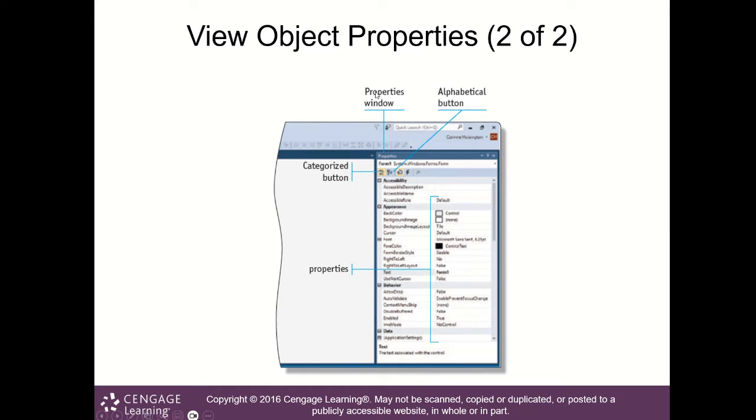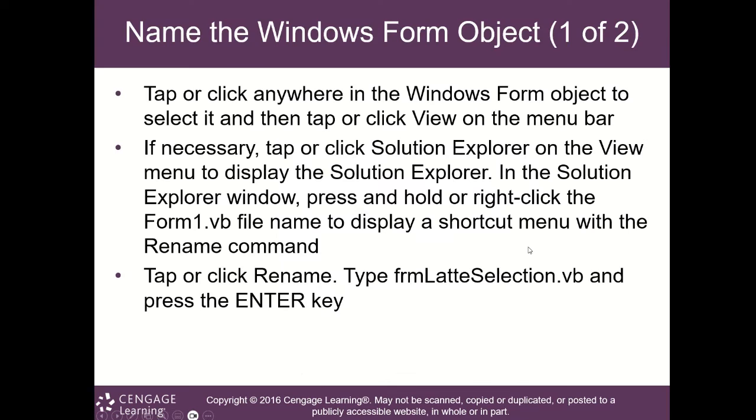This is the properties window. If you want to sort the properties alphabetically, you need to click on the second icon, and then you will find all the properties for different objects here. Okay, so the next step would be naming the Windows form object.